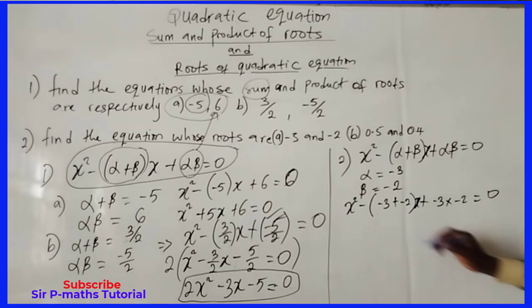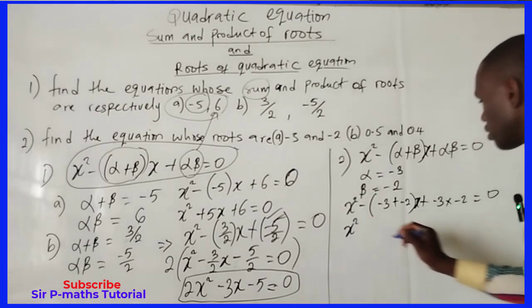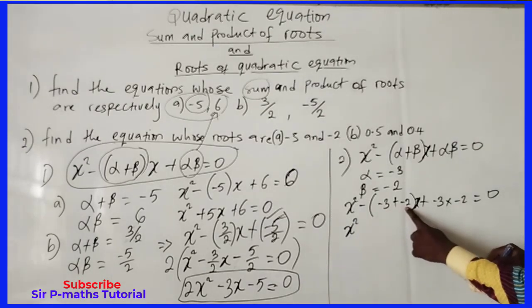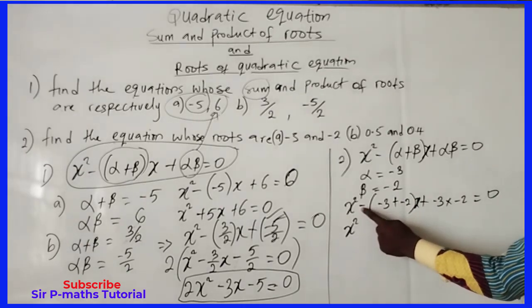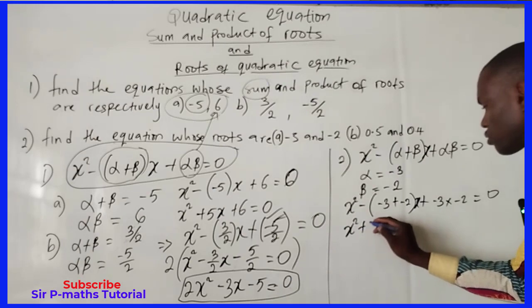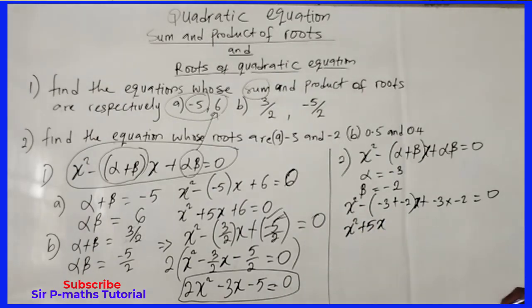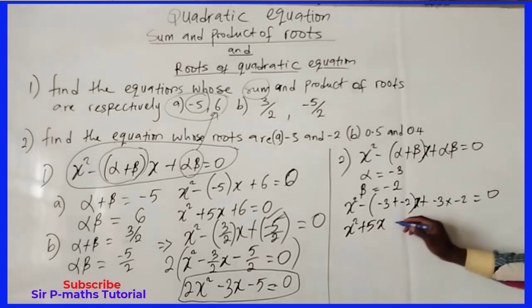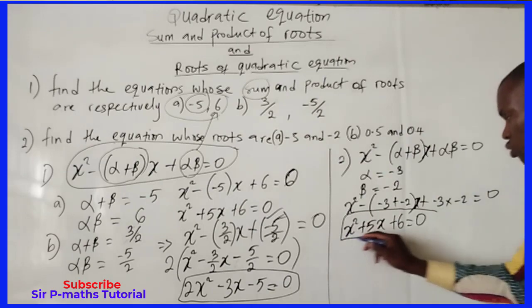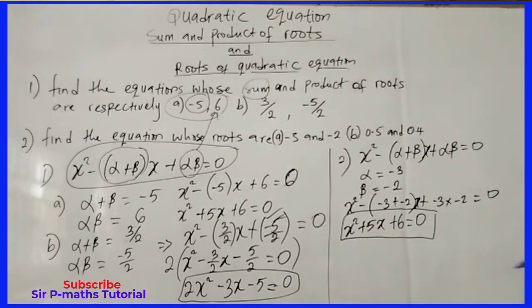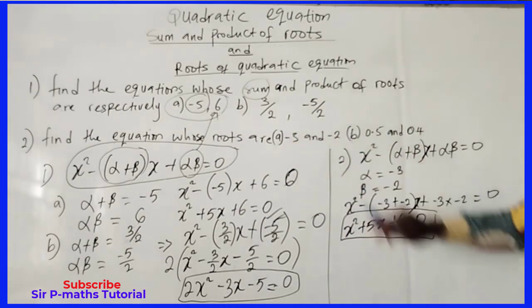Then let's multiply everywhere. x squared minus, minus 3 plus minus 2 is minus 5. Minus 5 times minus here will give me plus. So I'll have plus 5x. Then here, minus 3 times minus 2 will give me plus 6 equal to 0. So this is the equation whose roots are minus 3 and minus 2.